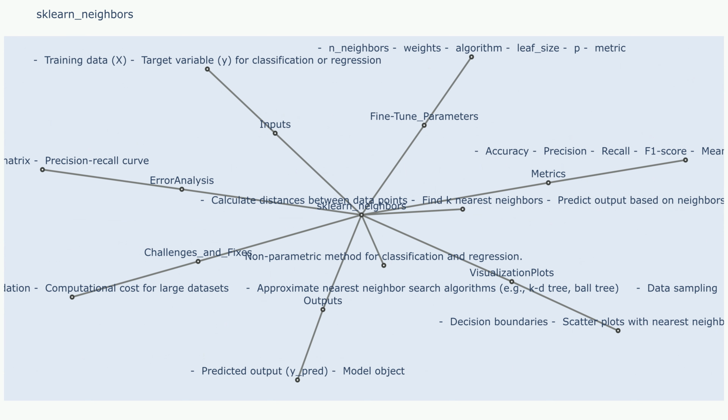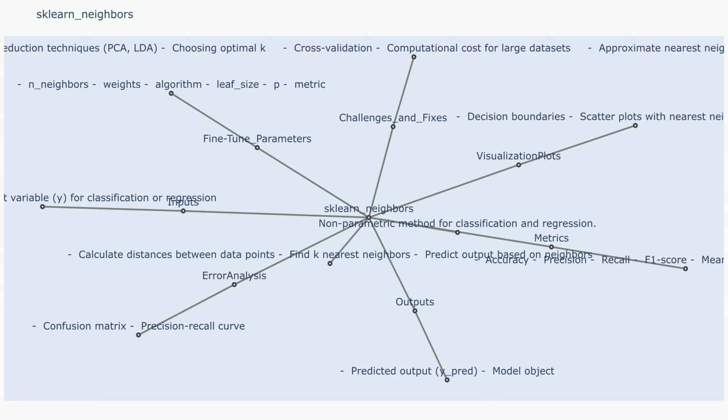Fixes to challenge 2. Outlier detection and removal. Identify and remove outlier points from the training dataset. Robust distance metrics. Use distance metrics that are less sensitive to outliers, such as Manhattan distance or Mahalanobis distance.